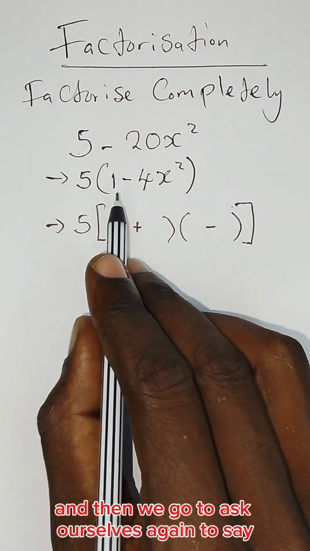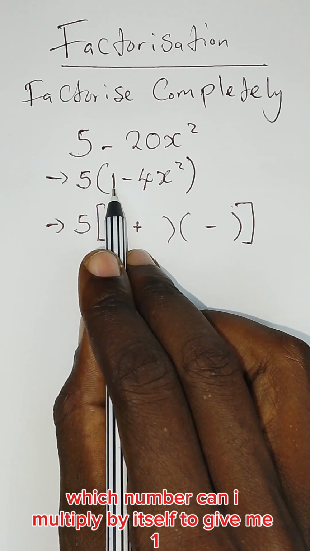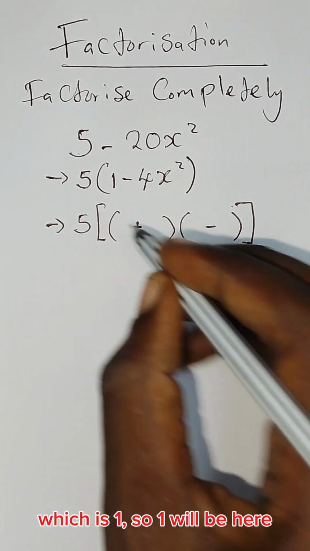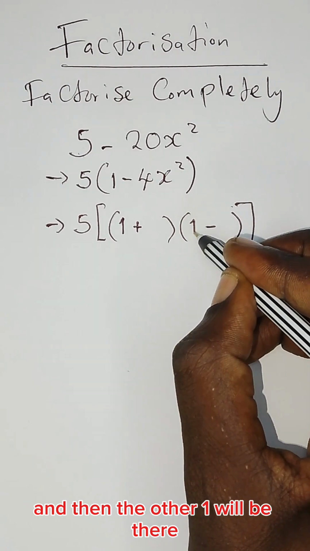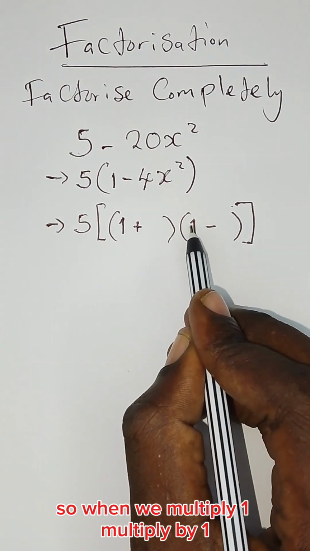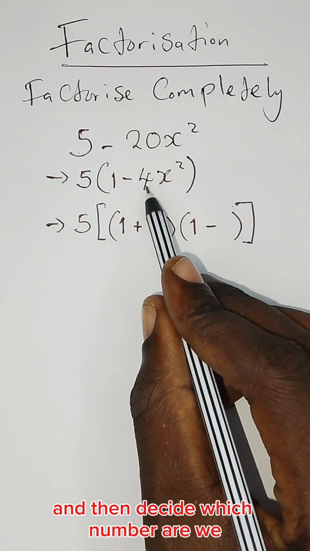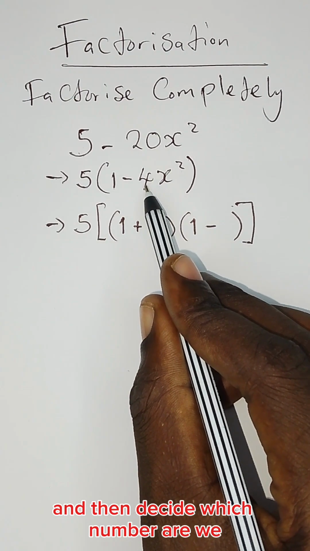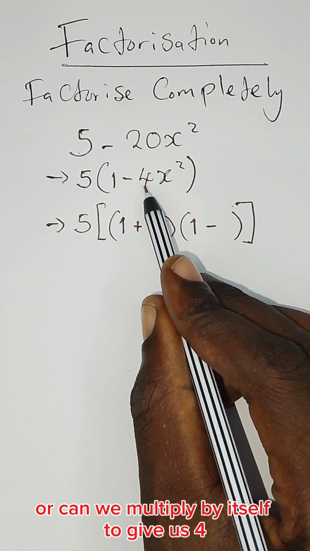And then we're going to ask ourselves again, which number can I multiply by itself to give me 1, which is 1. So 1 will be here, and the other one there. When we multiply 1 by 1, it will give us 1. And on this side, which number can we multiply by itself to give us 4?